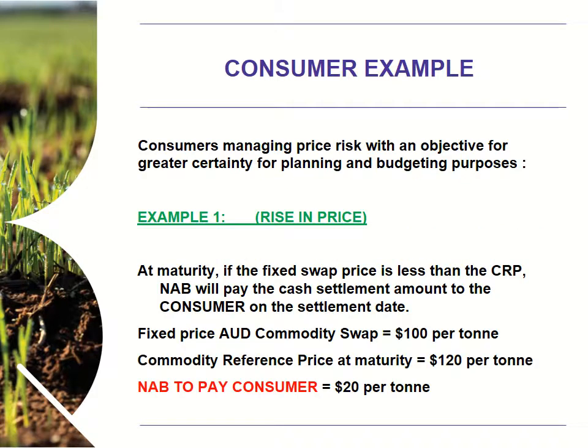So, in a consumer's example, if there's a rise in price, it's different from the producer's case. In the consumer case, it's the bank that has to pay the consumer if there's a rise in price. You can go through the example. I'm not going to go through it one by one, but I think you understand the basic concept now.